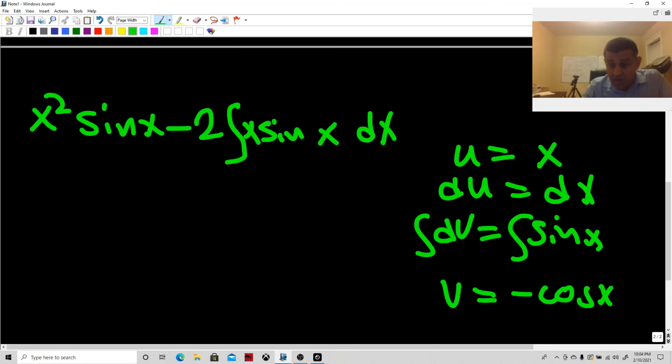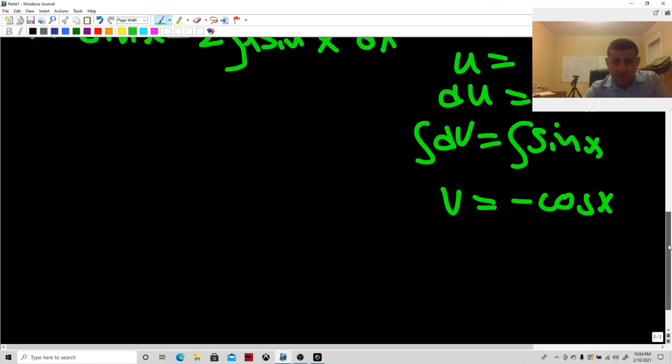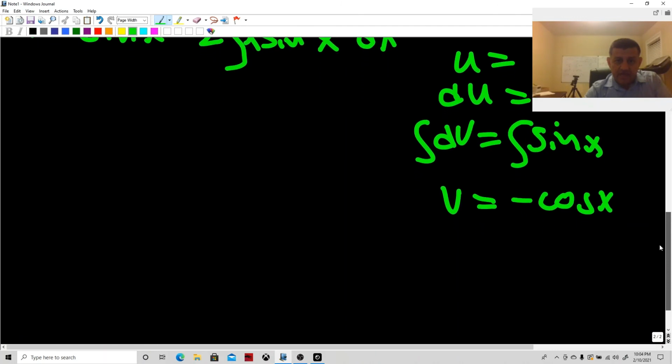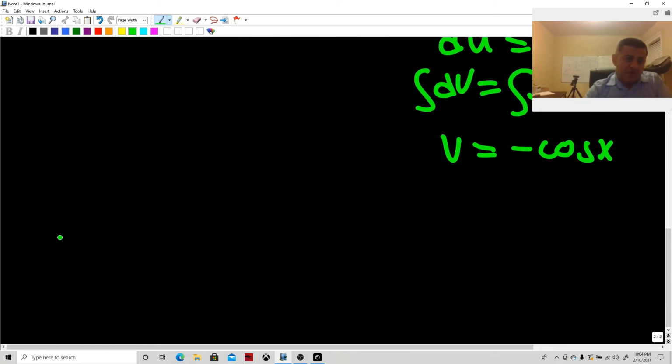So the integral of sine x is negative cosine x, right? Now that I have this, I can actually start writing everything, and we've got to be careful with what we're doing here.